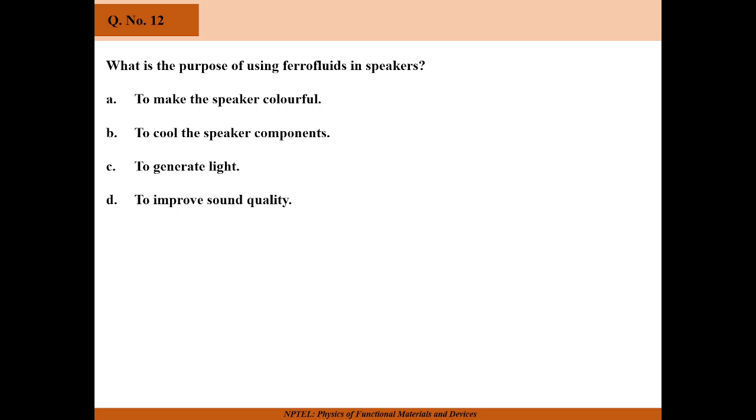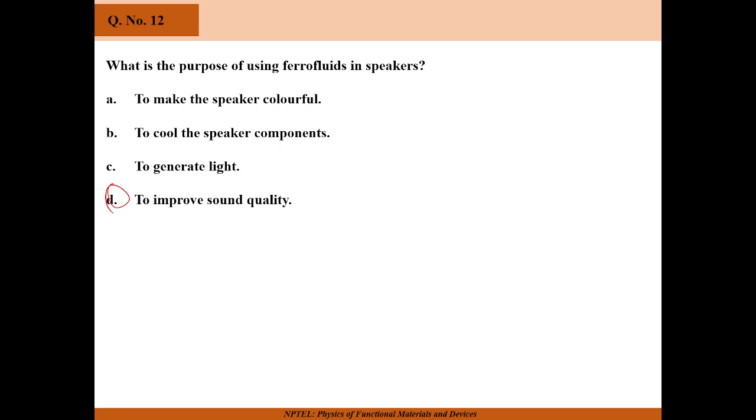D, to improve the sound quality. Okay, any other suggestions? It is indirectly connected to the improvement of sound quality.